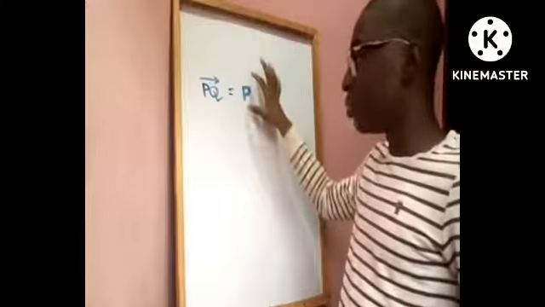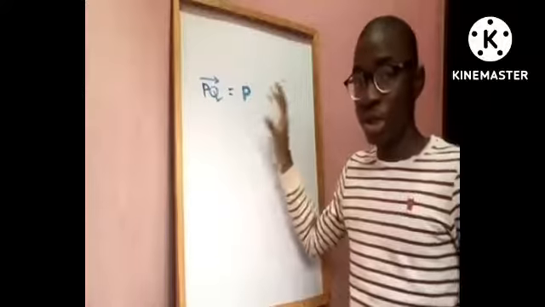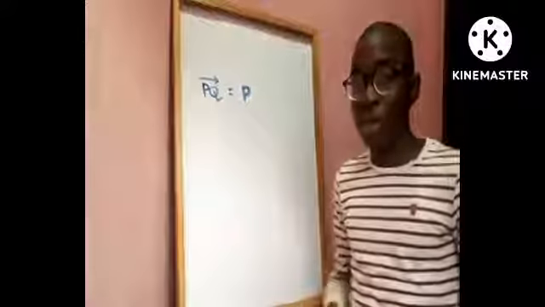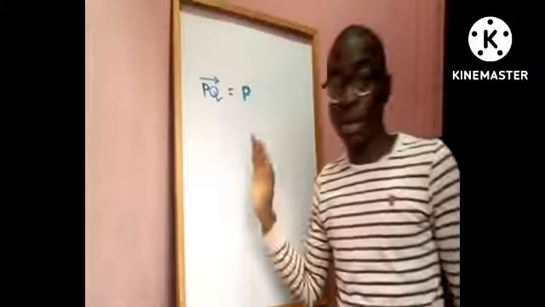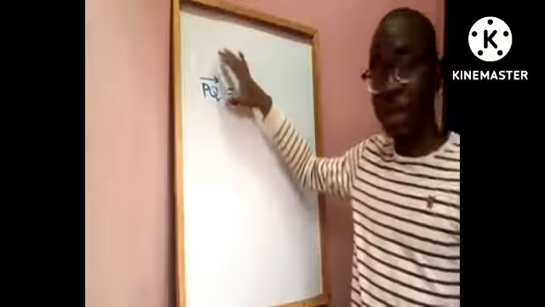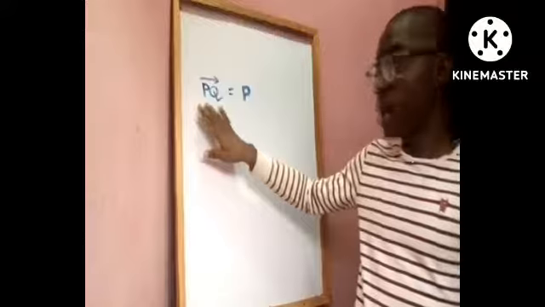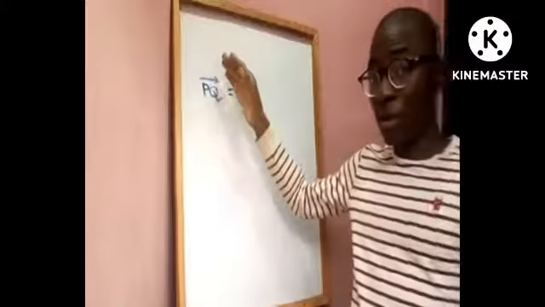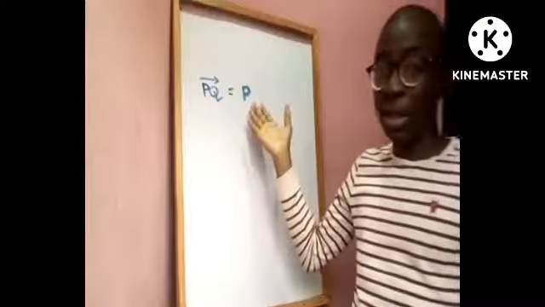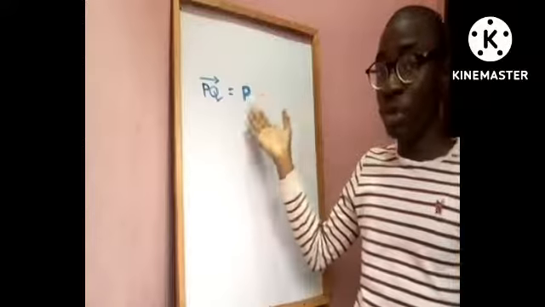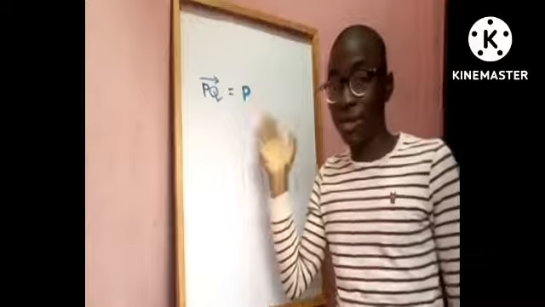When you write p in bold, it's also another notation for vectors. Either of these is acceptable, but most of the time you often see vectors as capital letters with an arrow on top, or as lowercase letters in boldface.